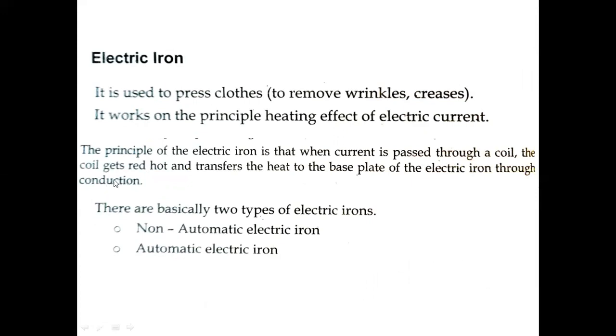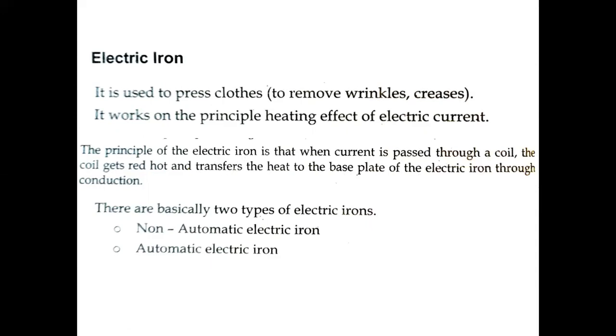Okay. So what is the working principle of electric iron? When current is passed through a coil, the coil gets red hot and transfers the heat to the base plate of the electric iron through conduction. That is the principle of electric iron.